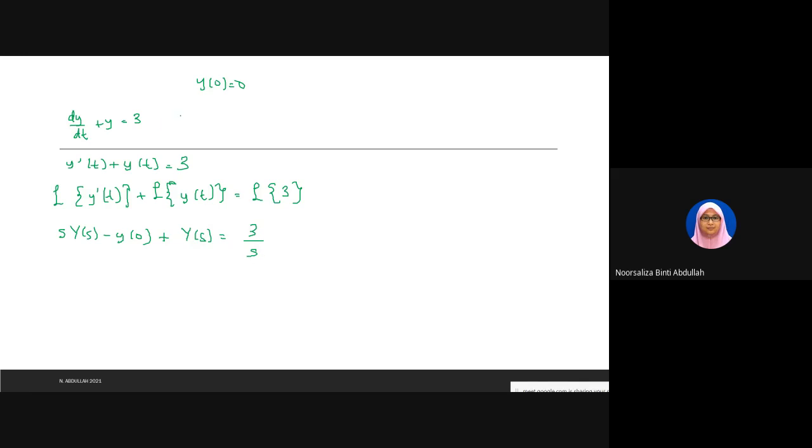Here you are given the initial condition y(0) equals to 0, and then you just replace y(0) with 0. So now you have sY(s) plus Y(s) equals to 3 over s.